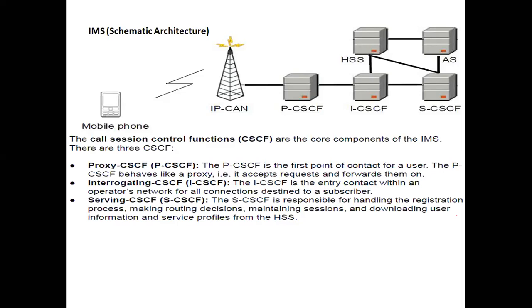So what is the I-CSCF? It's the interrogating CSCF. The I-CSCF is the contact entity within an operator network for all connections destined to a subscriber. Generally, the I-CSCF is used to find the S-CSCF, which could be your home S-CSCF or a visitor S-CSCF. What does S-CSCF stand for?